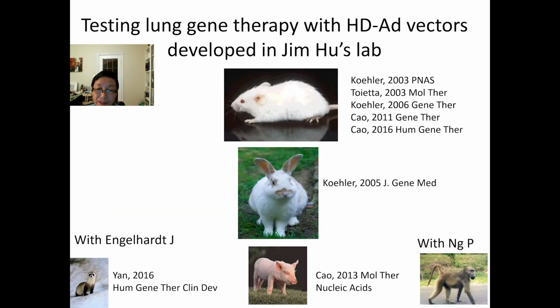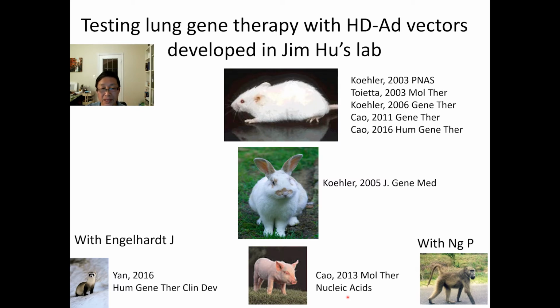In 1997, our group developed an epithelium-specific gene expression cassette. Using this cassette and the helper-dependent adenoviral delivery system, our lab has shown that we can deliver genes into the airways of mice, pigs, and rabbits.